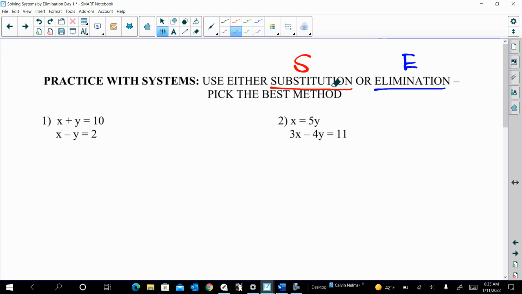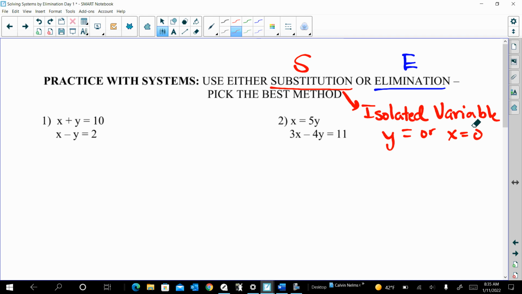Substitution is when you have isolated variables. That means when you have y equals or x equals. Elimination is when you have opposites. Okay? So that's the key. Check to see if you have isolated versus opposite terms.